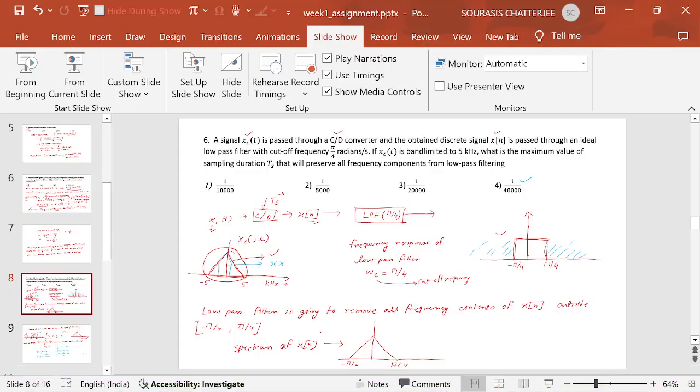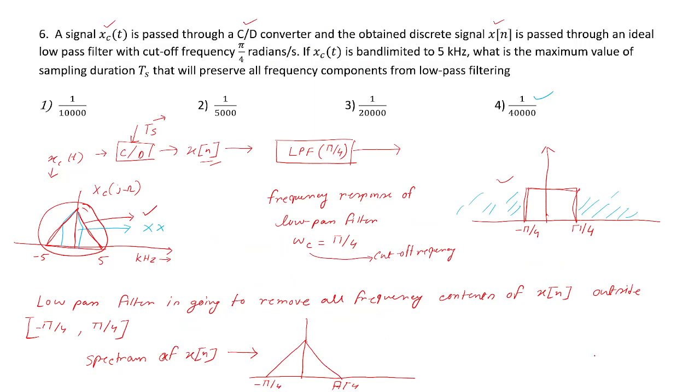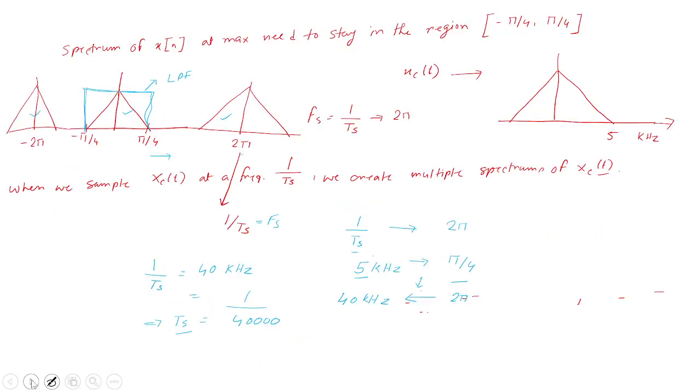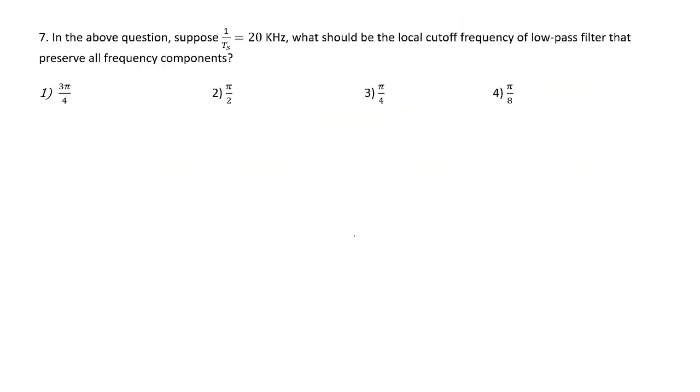Okay, then I am moving to the next problem. That is an extension of the previous problem. It says we need to go in a little bit different direction this time.